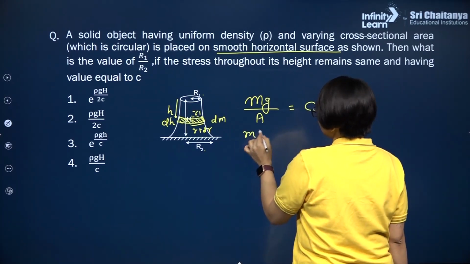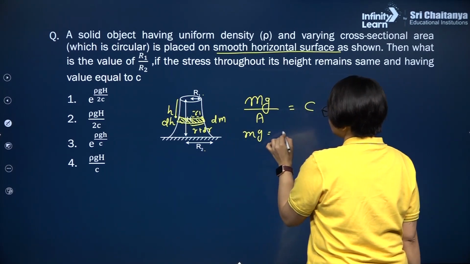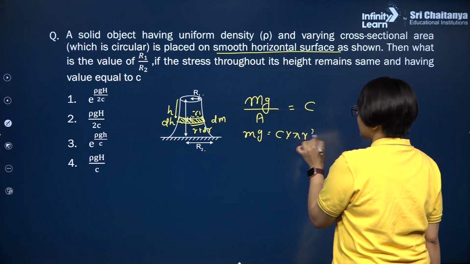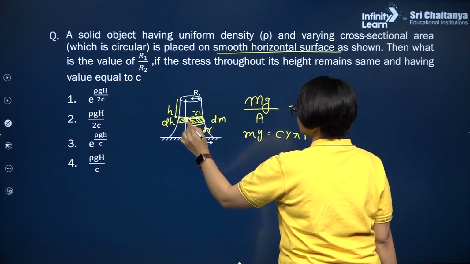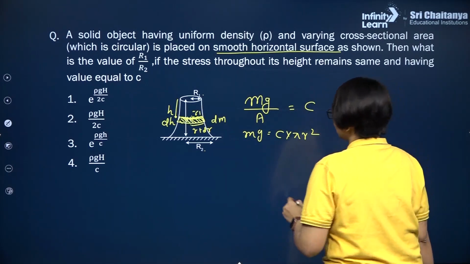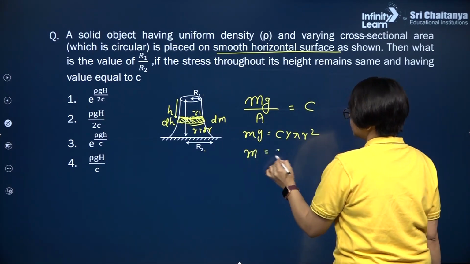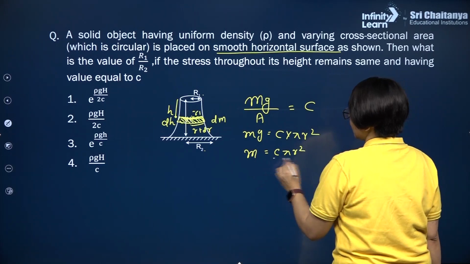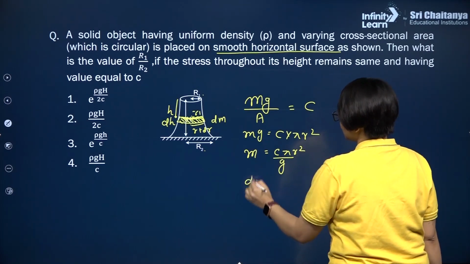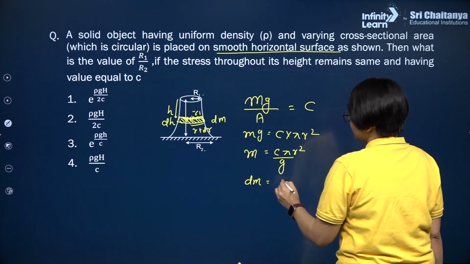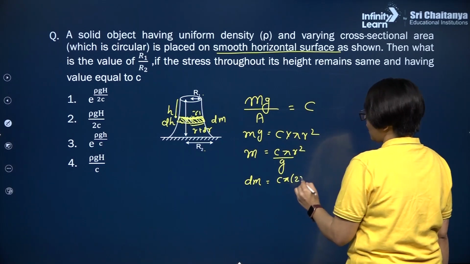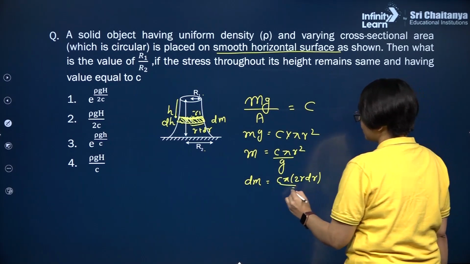Now, mass into g is equal to C into area, which is pi r square, the stress on this, right. So, over here you can write m as C into pi r square upon g. If you differentiate it, dm will be C pi into 2r dr divided by g.